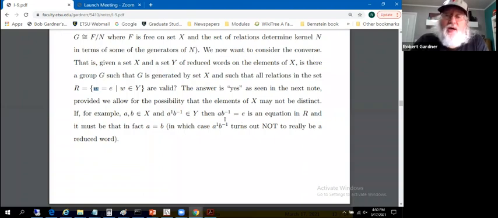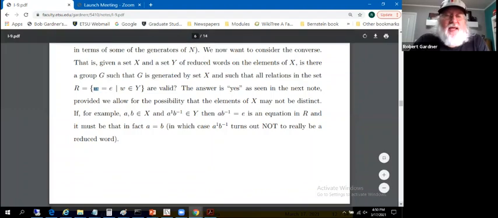We get this as an equation. But if that's the case, we can multiply both sides of the equation on the right by element b, then we get a equals b. So that relation forces us to conclude a equals b. And by the way, a^1 b^-1 really wasn't a reduced word after all, because it turns out it reduces down to the identity. It must reduce down to 1 in a sense.